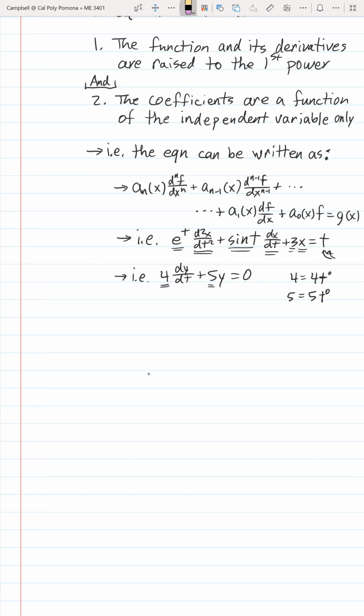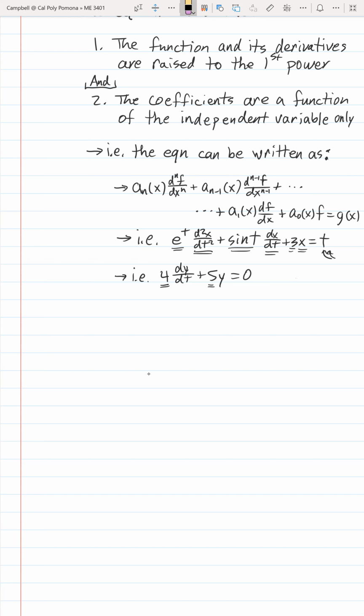And so we can see that those are functions of the independent variable, only just, as we might call it, degenerate functions, because the t doesn't need to be expressly written for those particular coefficients.